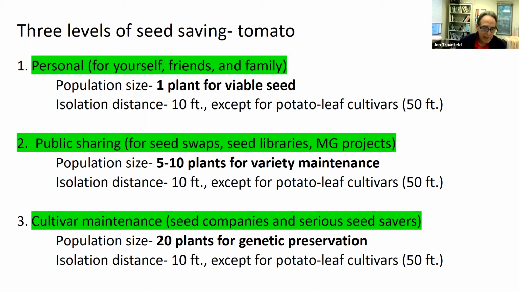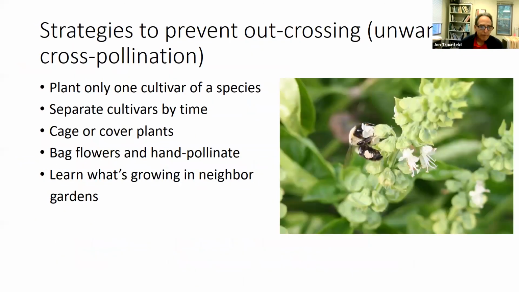Although that's not entirely true, because if we have hundreds of tomato plants in a field, the risk of cross-pollination is going to be much greater along the edge, right? Right in the middle of that field, there's very little chance, I think, of cross-pollination. So anyway, I hope that helps explain these 3 levels and their relevance for isolation and population number.